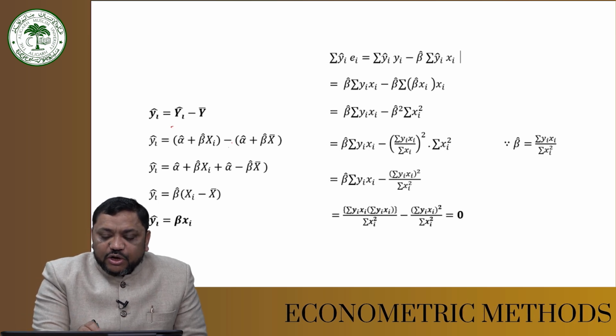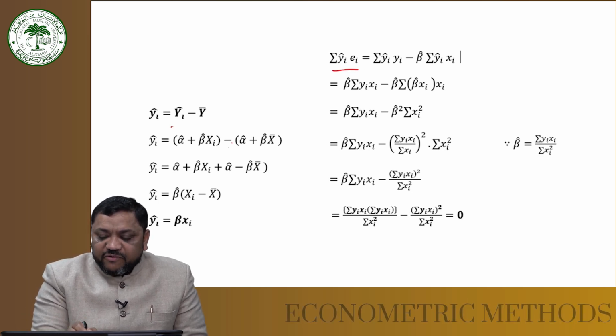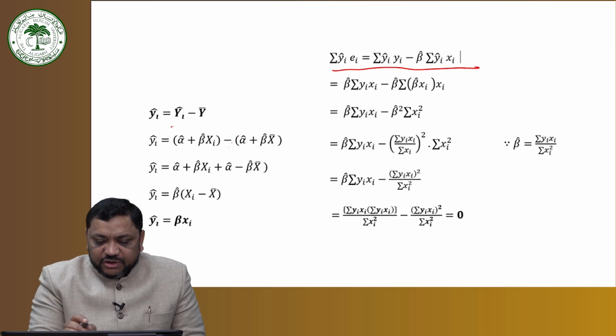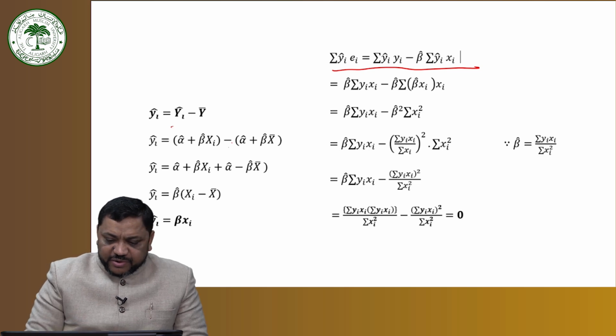So now see, we get this equation from our previous discussion, that is summation yi hat ei is equal to summation y hat yi minus beta hat summation y hat xi, all this in the deviation format.